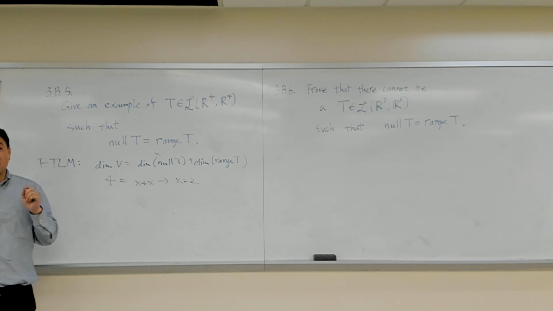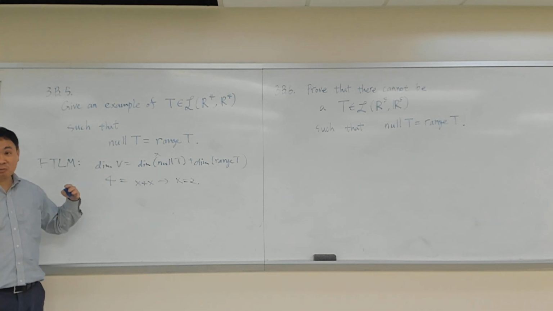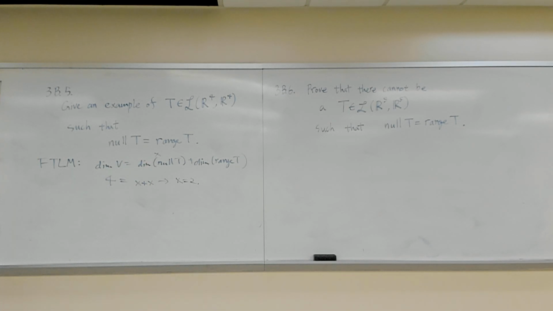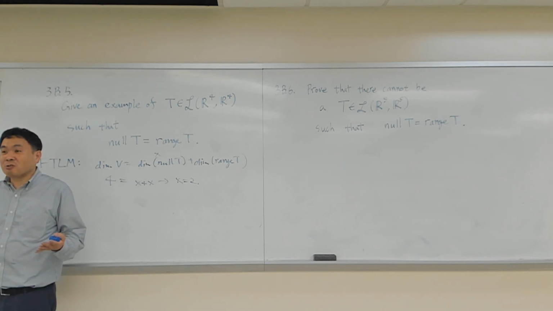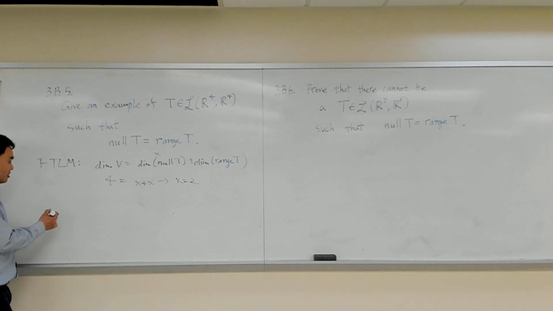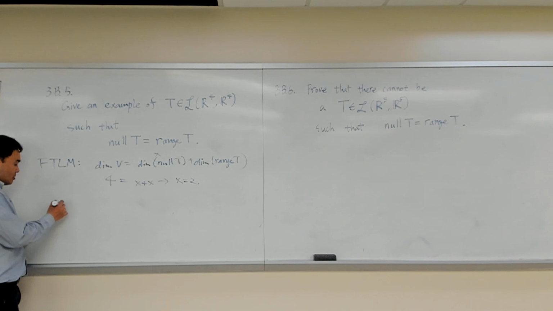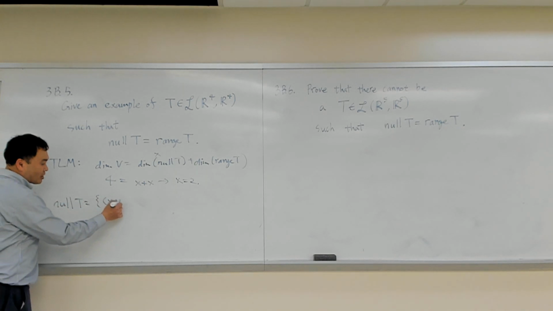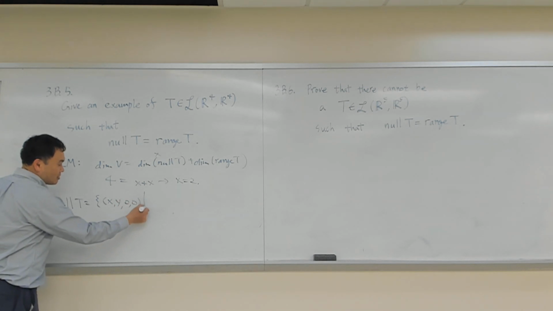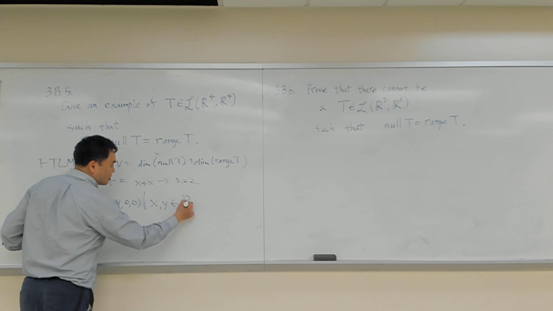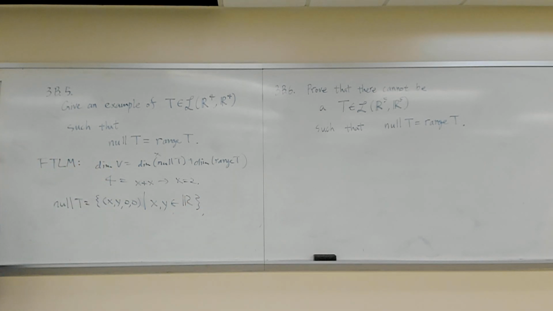Okay. So think about 2-dimensional null space and 2-dimensional range. So, what's the simplest 2-dimensional thing you can think of in R4? Null T, we might as well have x, y, 0, 0, right?